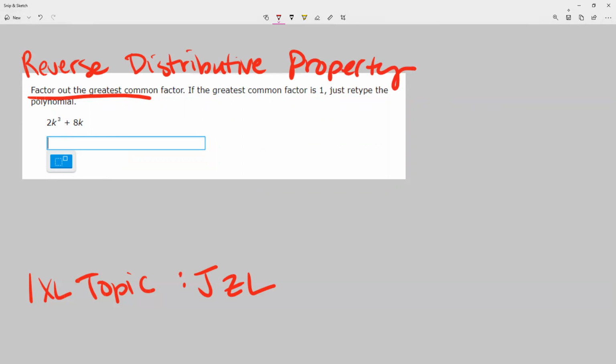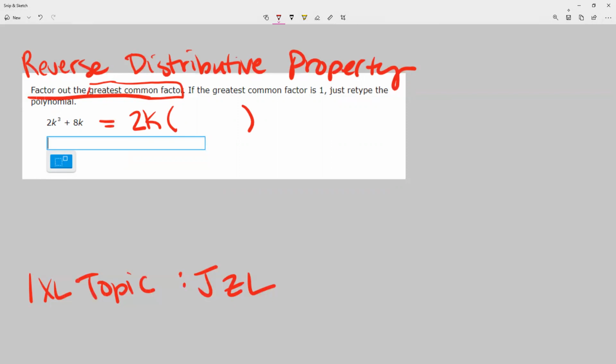So the first thing you have to do is figure out what is the greatest common factor. So for this problem, the greatest common factor, the largest number I can divide out, is a 2. And then I have a K here and 3 Ks here, so I can take a K out of both groups. So this is the outside number when I have distributive property, and what I have to figure out is what's left inside the parentheses once I divide out 2K.